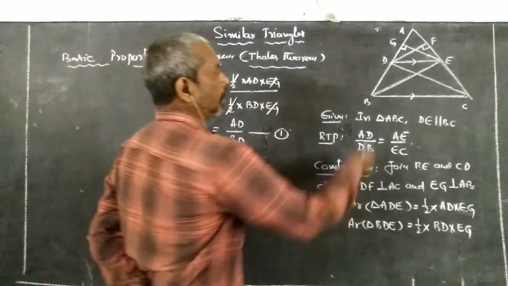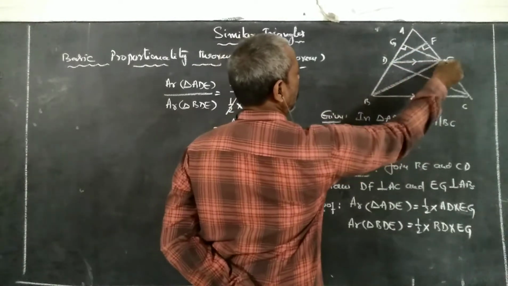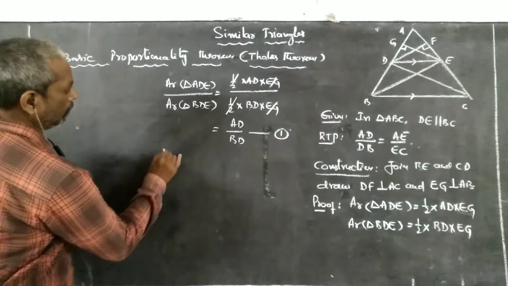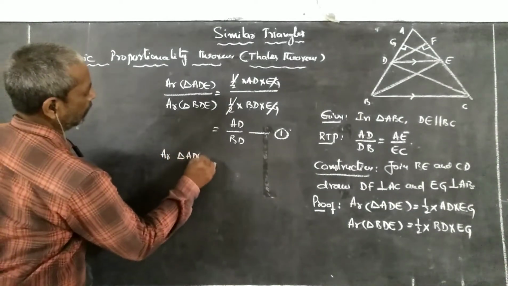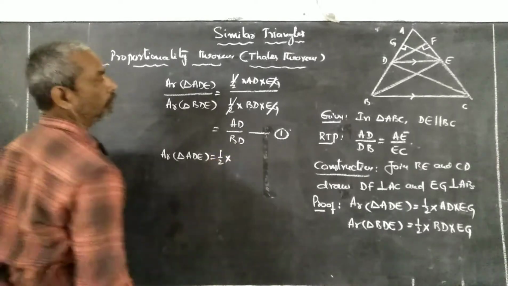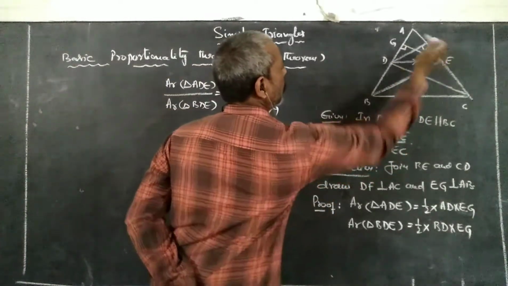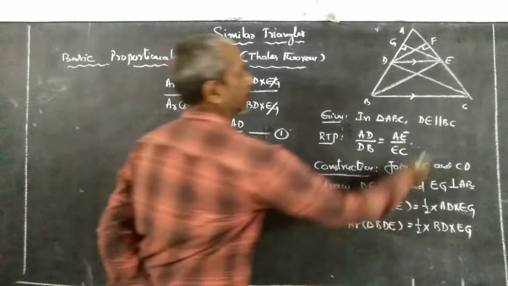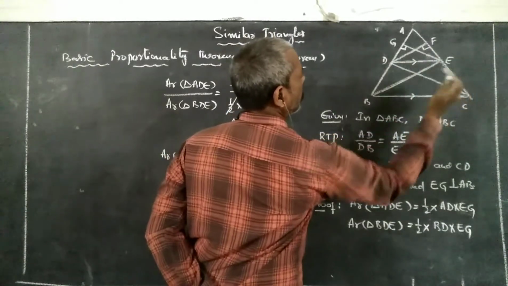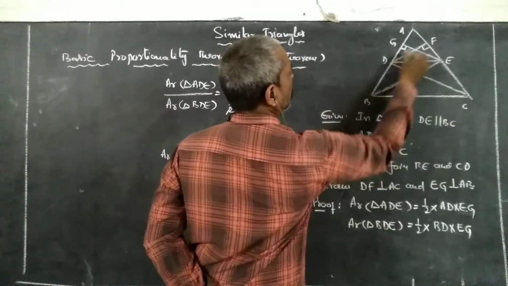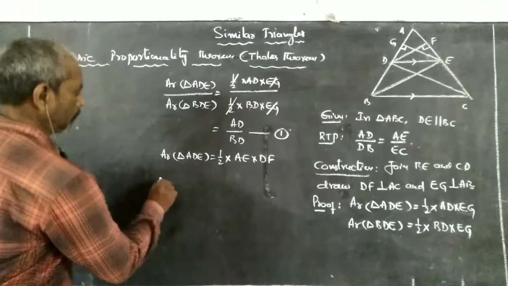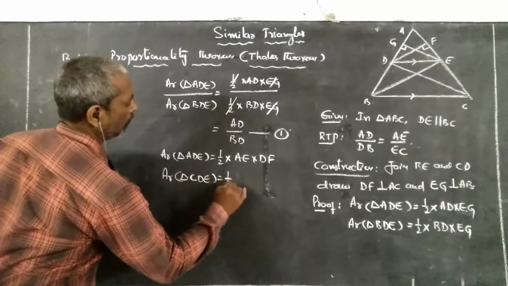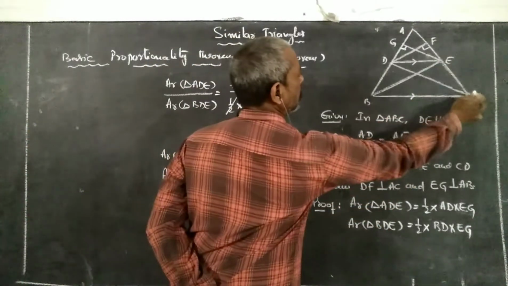Now consider again triangle ADE whose DF is the altitude on AE. Therefore, area of triangle ADE is equal to half AE into DF. Now consider triangle CDE. When CE is produced to A, DF is the altitude. Therefore, area of triangle CDE is equal to half into EC into DF.